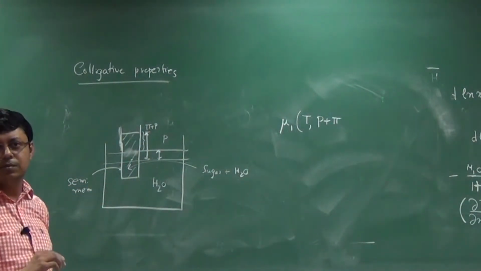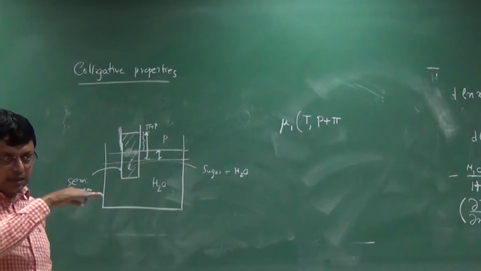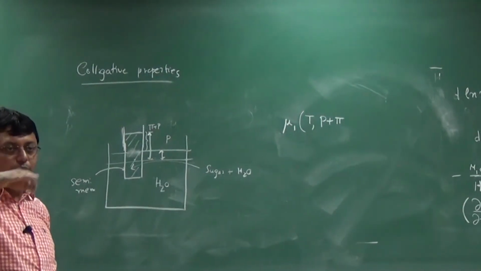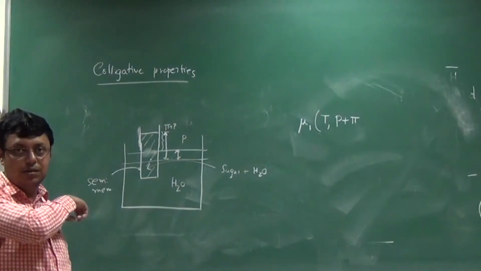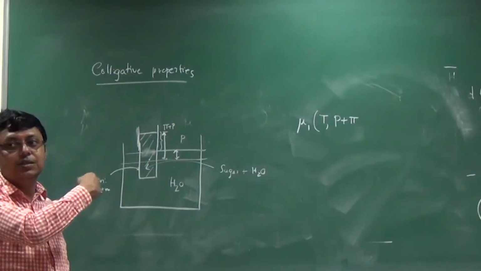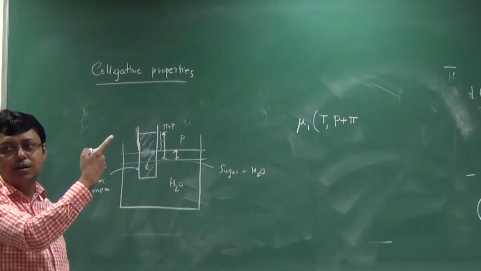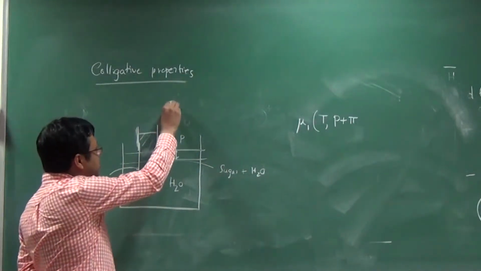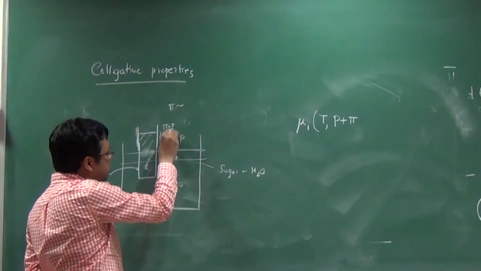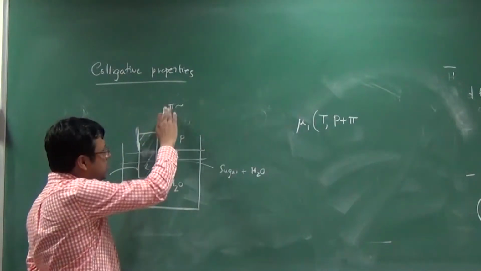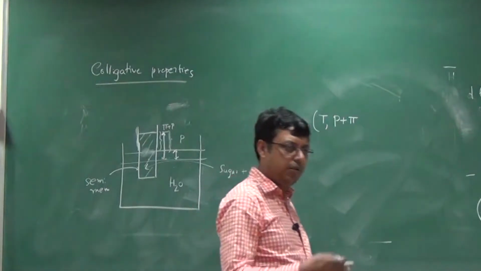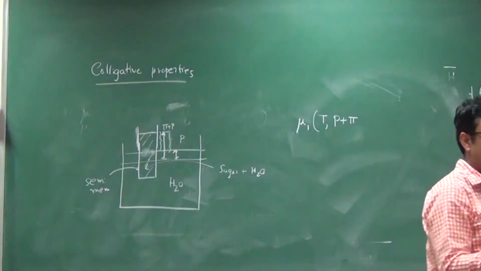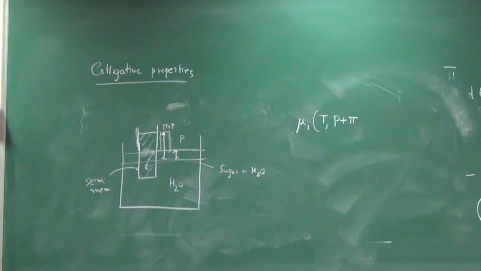That is the entire concept. At some height, the pure water is experiencing a pressure P, but the water inside the solution is experiencing a higher pressure. Of course, this extra amount will be proportional to this height. So let us not convert it to height. We will just keep it as a pressure, but you can always convert it, because it's very straightforward. It's just h rho g.